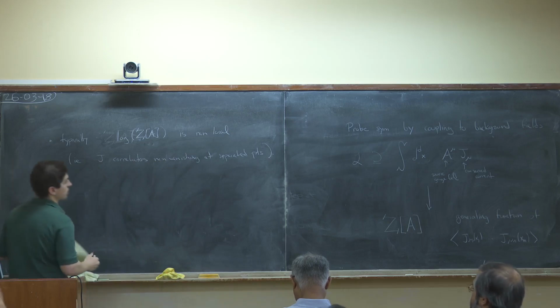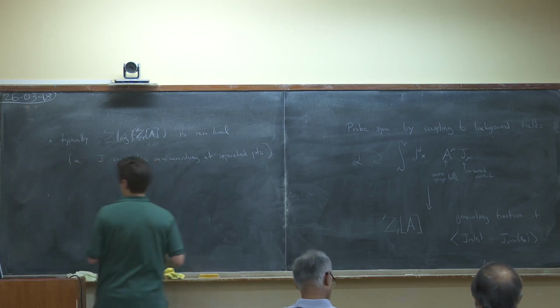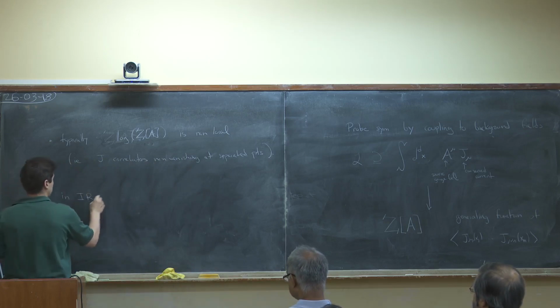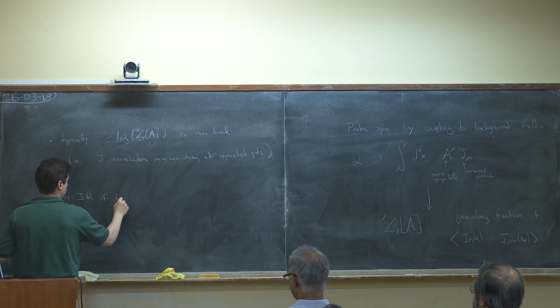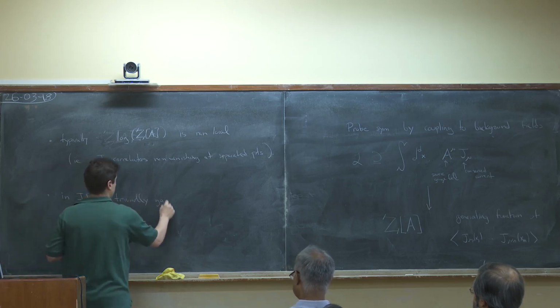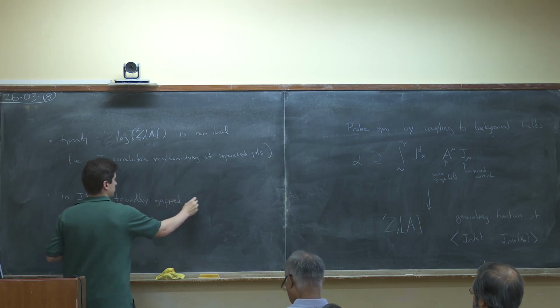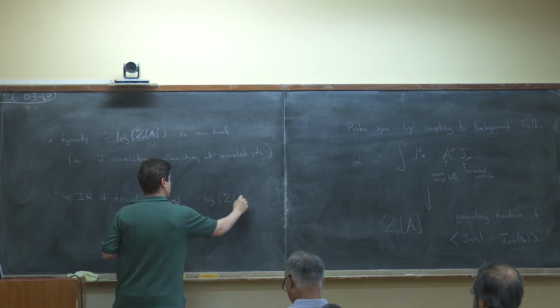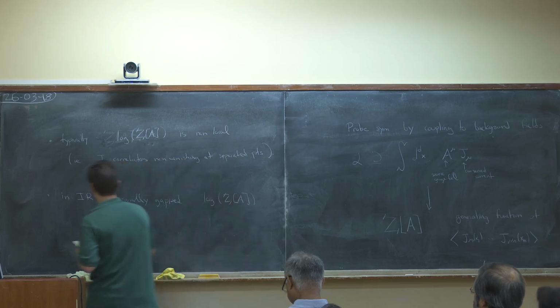So one consequence of saying that a theory is trivially gapped in the IR is that log Z is local.